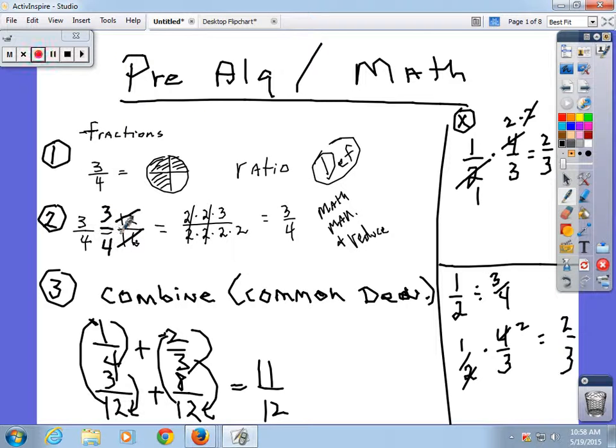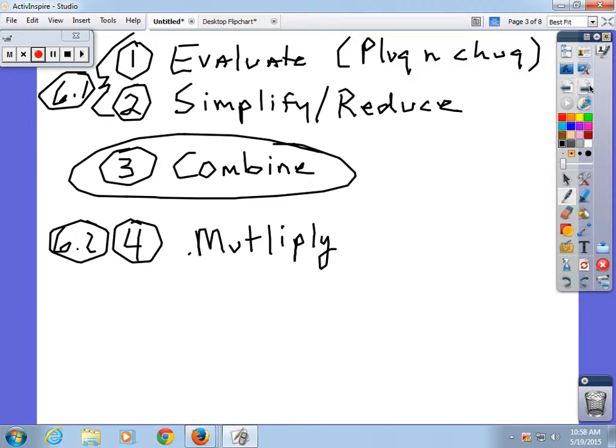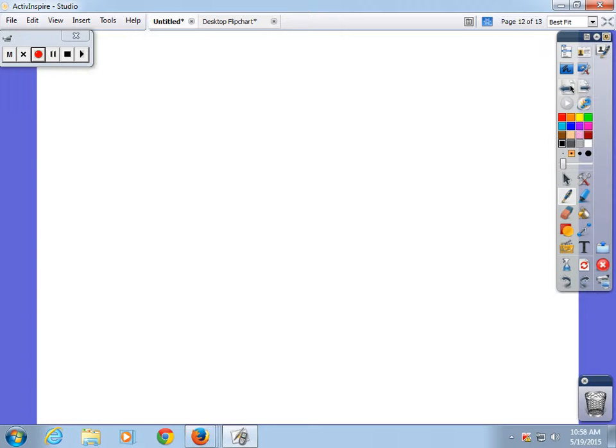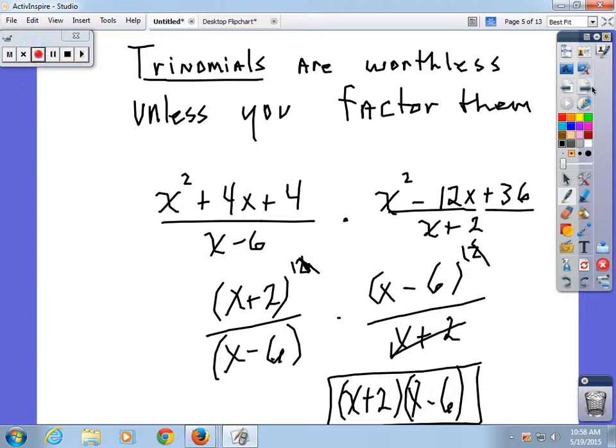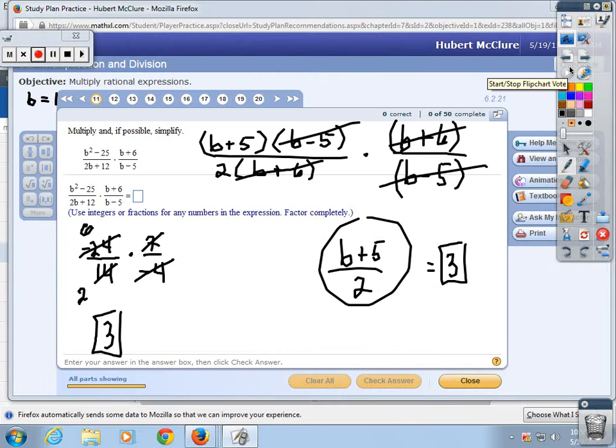We just went this way. But you'd be surprised at how many people do these problems right here, and they'll do all of this, but you ask them what they have at the end of the problem, they go, oh no. They have the same thing that you what? What you started with.